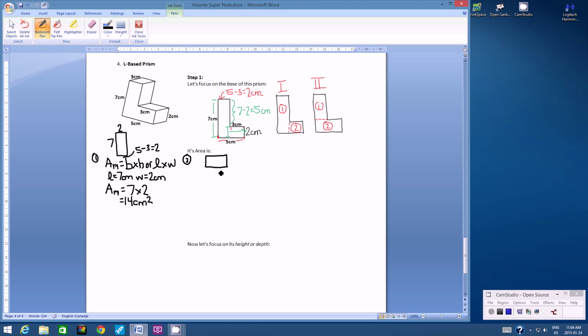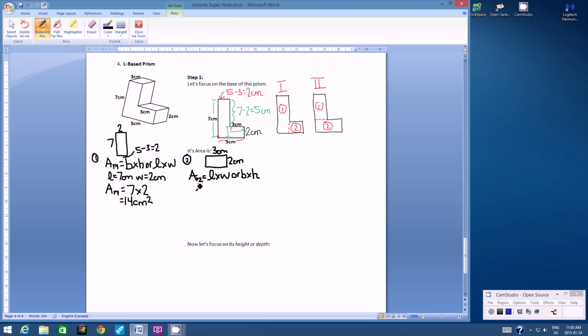Okay, so what do we know? Well, we know that this measurement is 2 centimeters, and we know that this measurement is 3 centimeters. This is 3 up here, and this is 2 right here. So we have everything that we need. So let's set up our formula. Area of rectangle 2 equals length times width, or base times height.